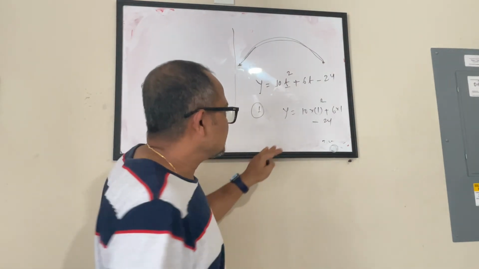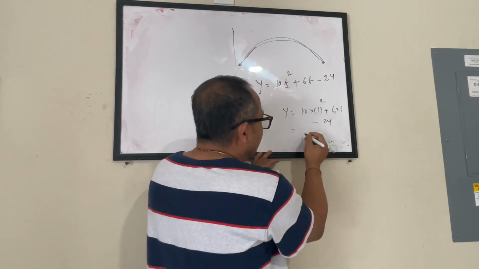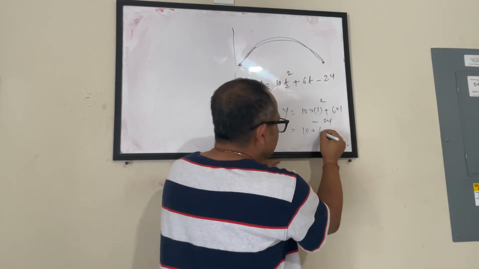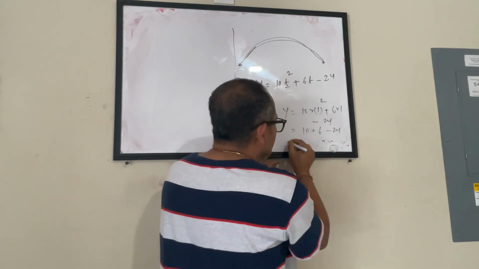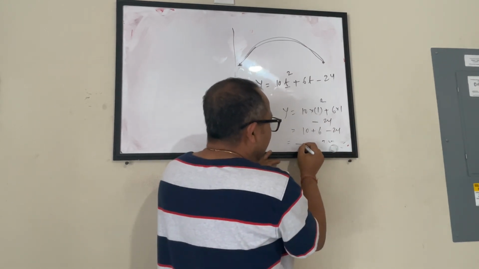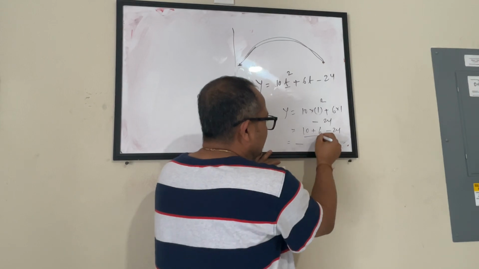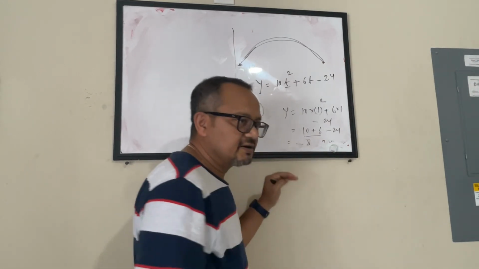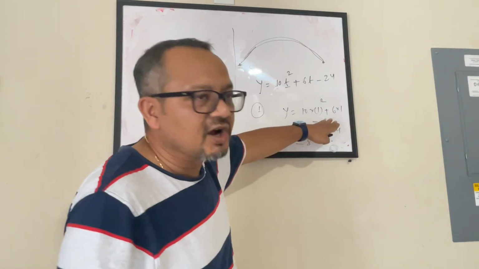Okay? So this tells me that after 1 second, the height of the stone will be 10 into 1 square is 10 plus 6 into 1, 6 minus 24. So it will be 10 plus 6, 16 minus 24, so minus 8. Maybe there was something wrong with the question.